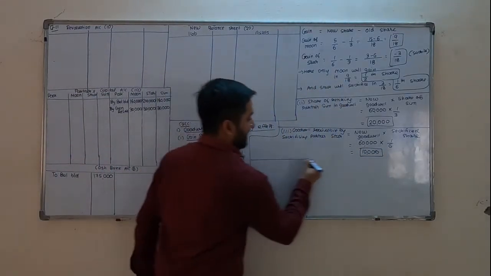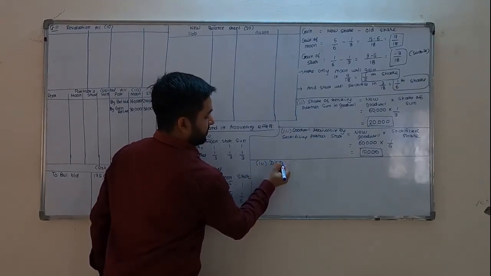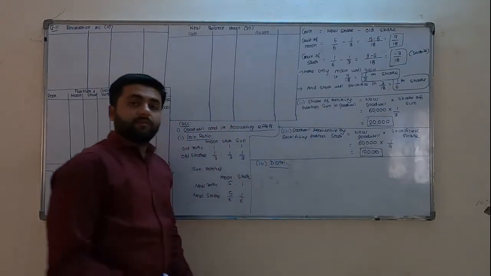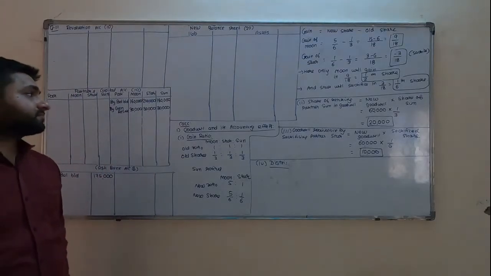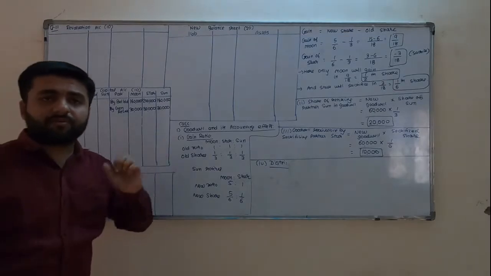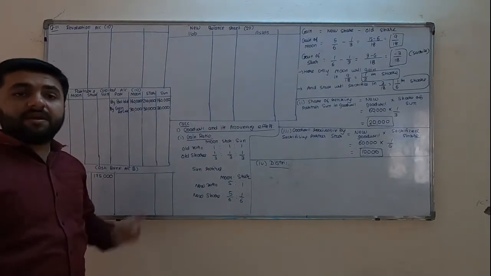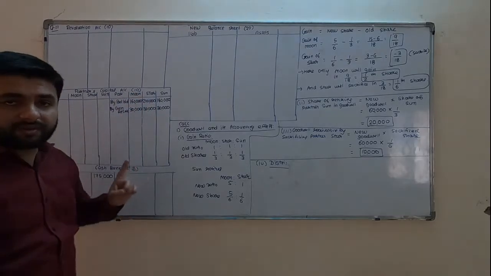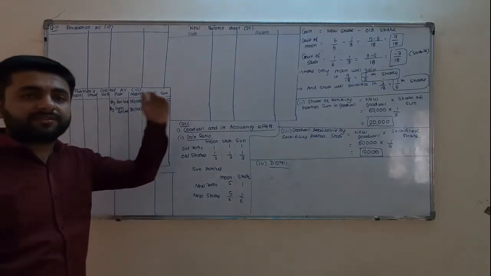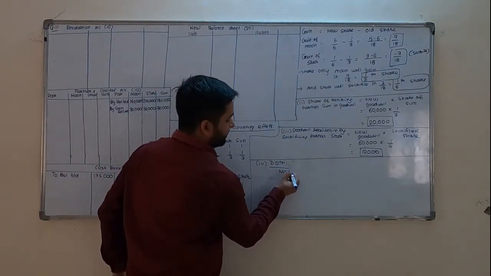Now the last thing is writing of distribution. Okay, what is the normal first entry? That Sun is retiring, Moon and Star are continuing. So normal entry is Moon debit, Star debit, Sun credit. But here Star is not gaining, instead he is sacrificing. So instead of debiting Star, credit Star. Only Moon will be debited.